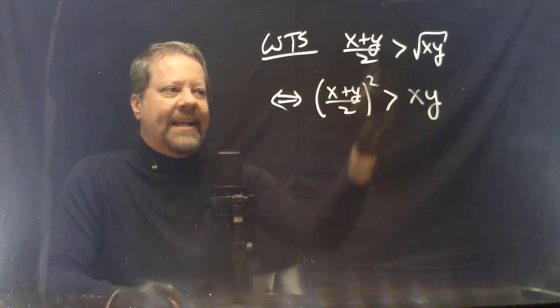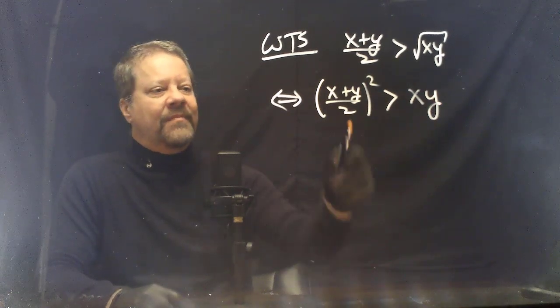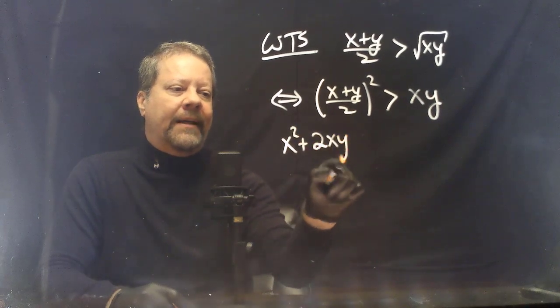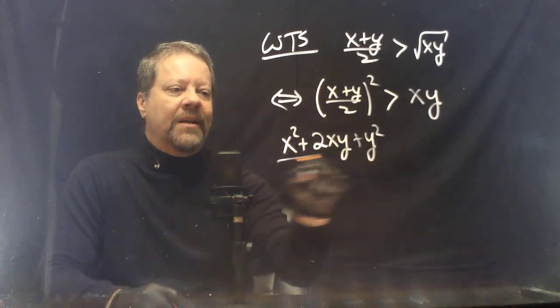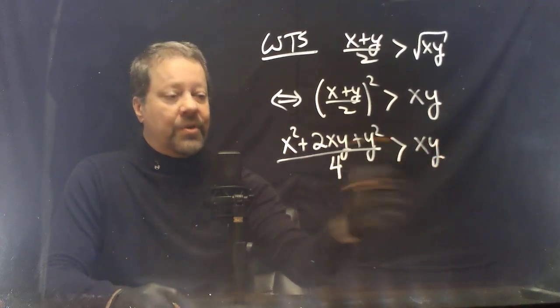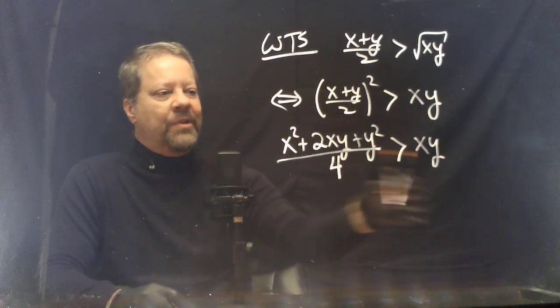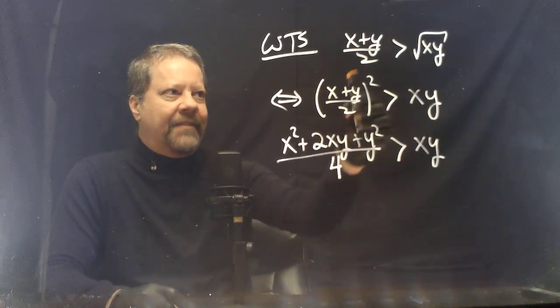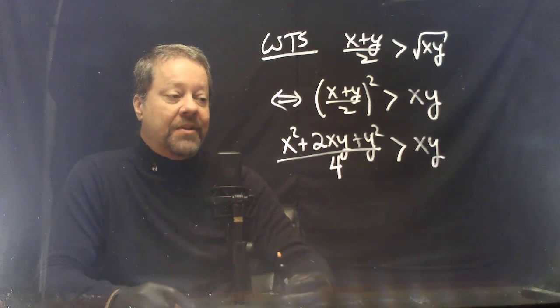When you square the right-hand side, it gets rid of the square root. The left-hand side will be x squared plus 2xy plus y squared divided by 4. So we're trying to prove this. If we can prove this, we can backtrack and arrive at the conclusion that we are seeking.